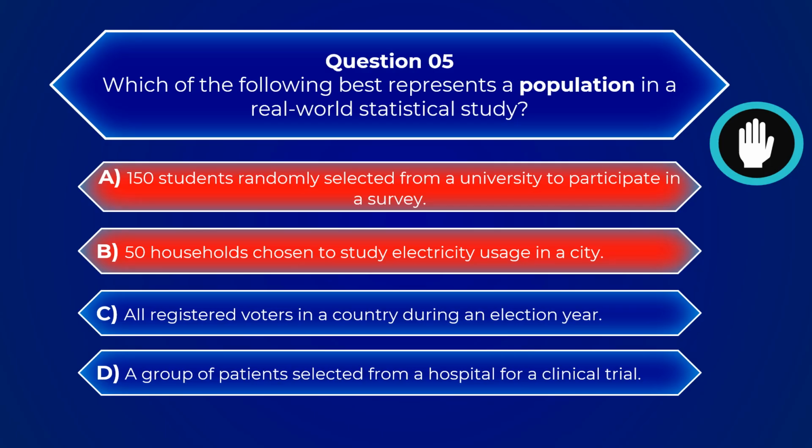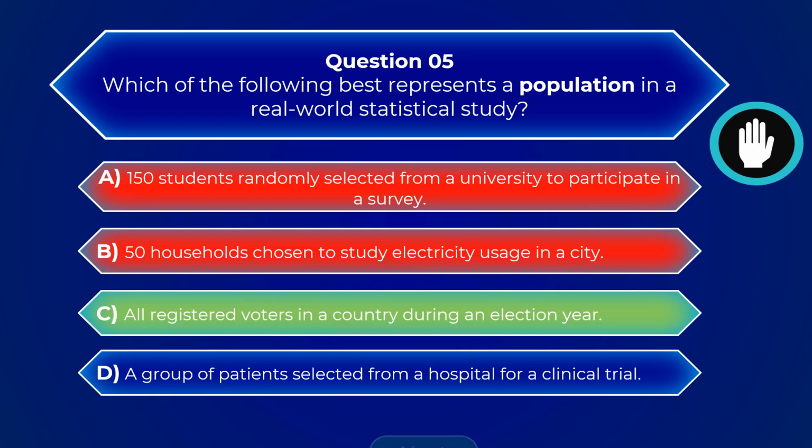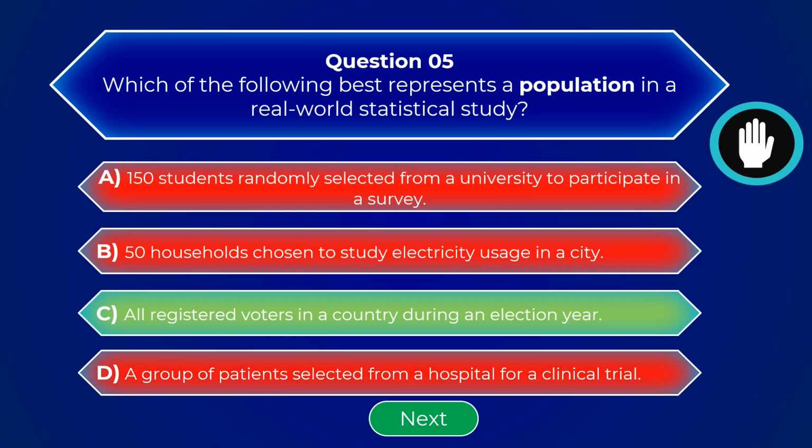So here the answer B is wrong answer. All registered voters in country during an election year, here it is called the population. So the right answer is answer C. Group of patients selected. So here the term selected, so here we are talking about the sample.